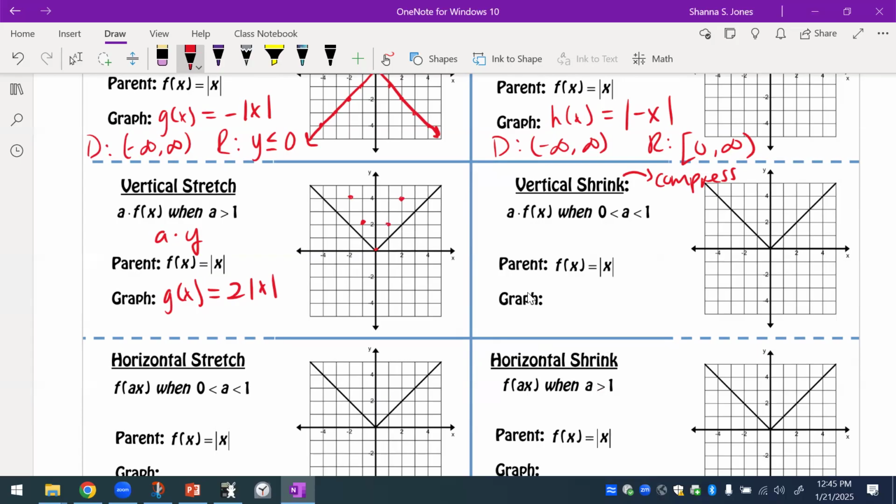Okay. But if we also remember just how to read an absolute value function, remember this number on the outside is the what of that function? Starts with an S. What? What is this 2 normally?